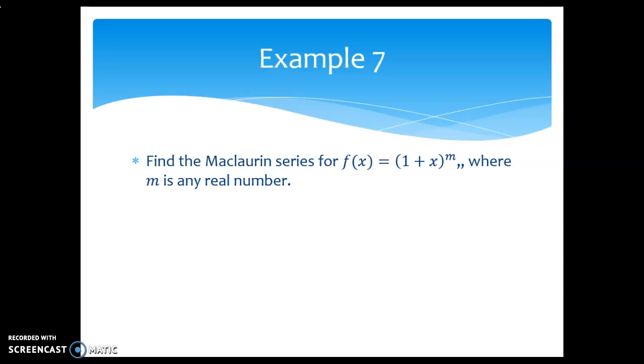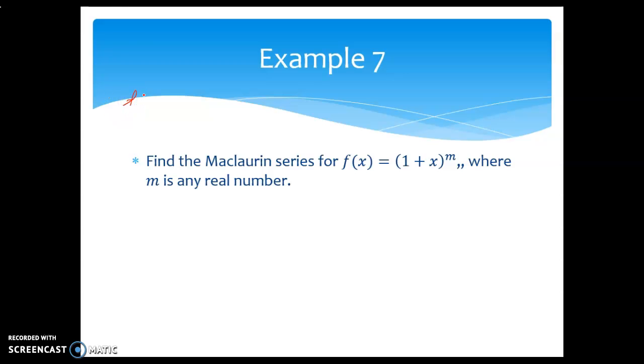So right now we are going to solve a binomial theorem problem. Using what we just discussed, we want to find the Maclaurin series.